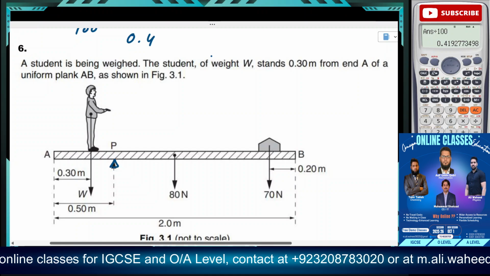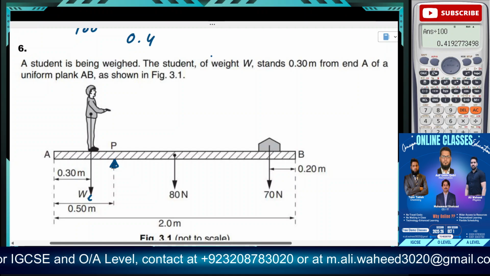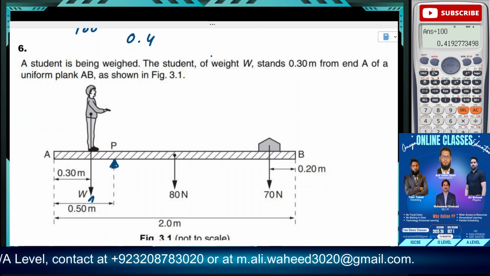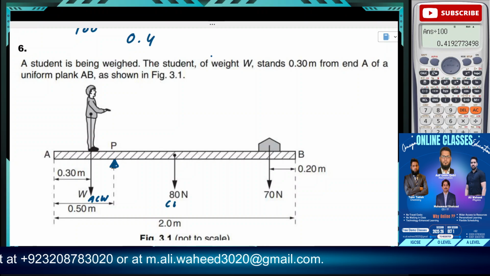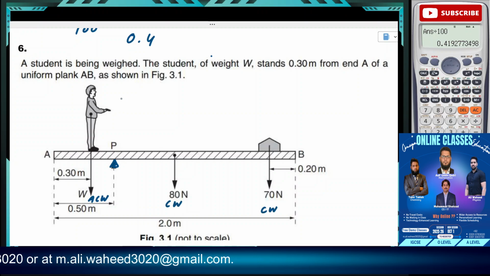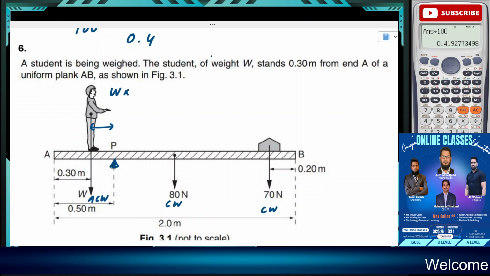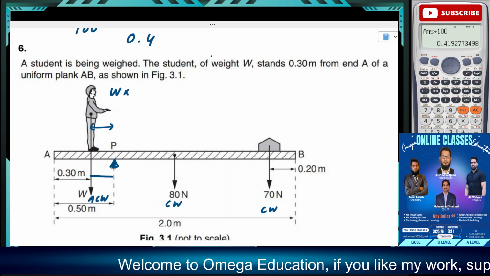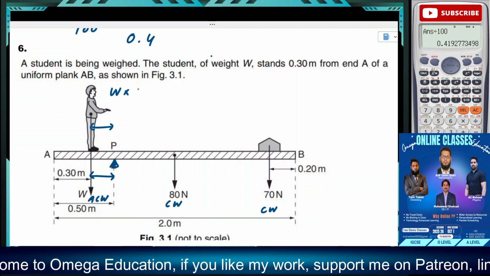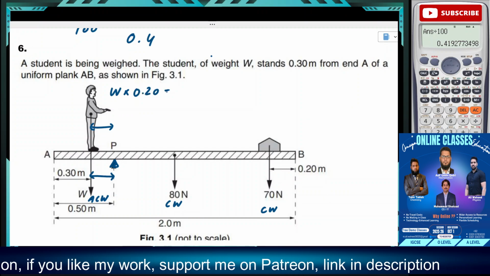So this is a pivot. This one would be ACW, anti-clockwise. This one would be clockwise. So let's write anti-clockwise on this side. Anti-clockwise is W. What is the perpendicular distance from the pivot? 0.50 minus 0.3, 0.20.